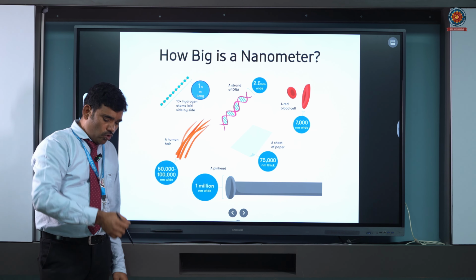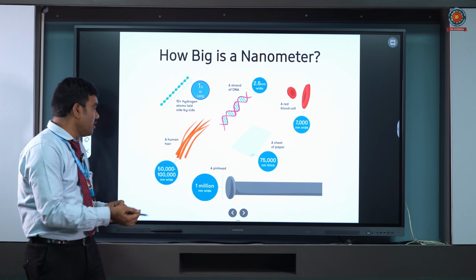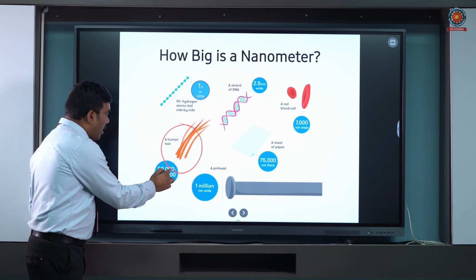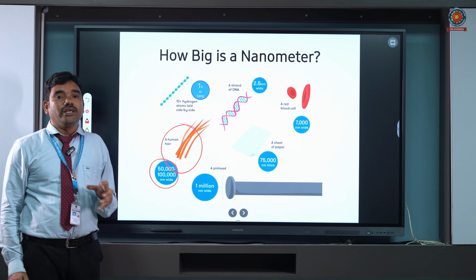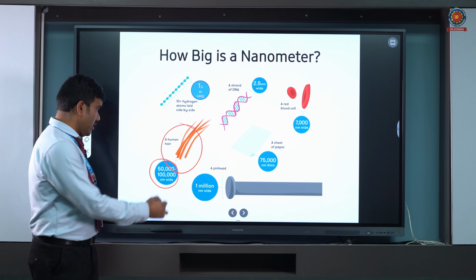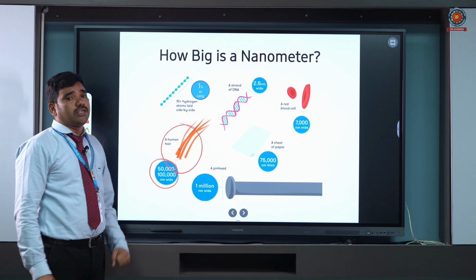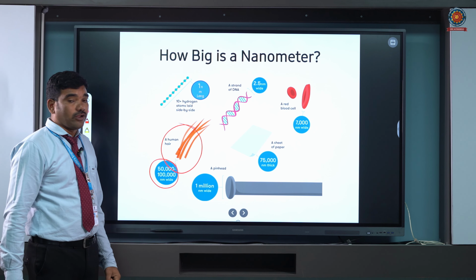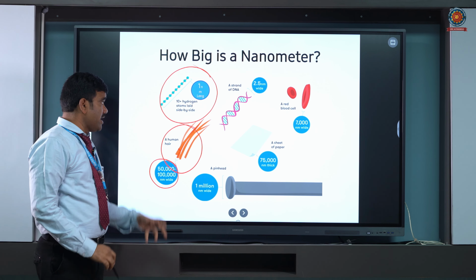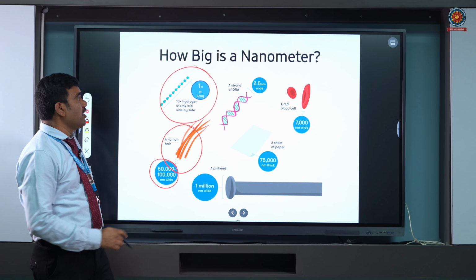Now, how big is a nanometer? Our human cell size is in micrometers. Our human hair size is approximately 50,000 to 100,000 nanometers. Ten hydrogen atoms laid side by side measure 1 nanometer.